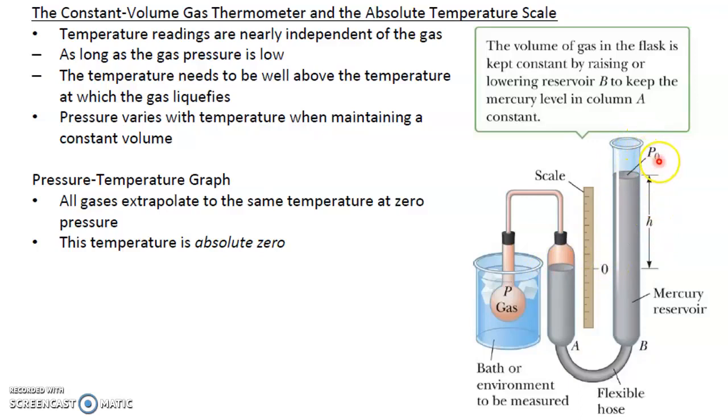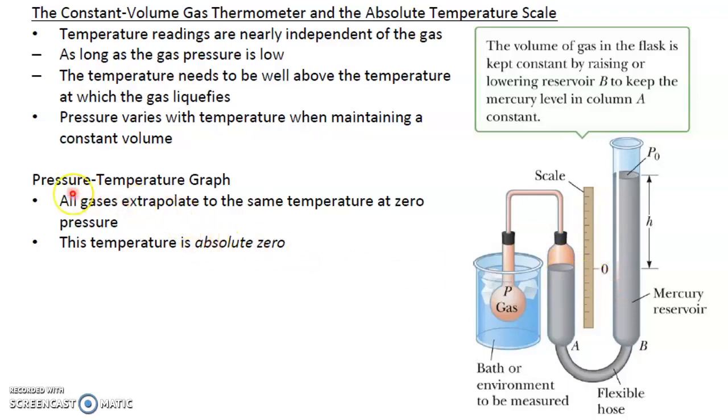In order to increase the pressure, we can move this reservoir B upward or downward in order to modify the pressure, as long as the mercury and gas boundary here is at the zero scale.